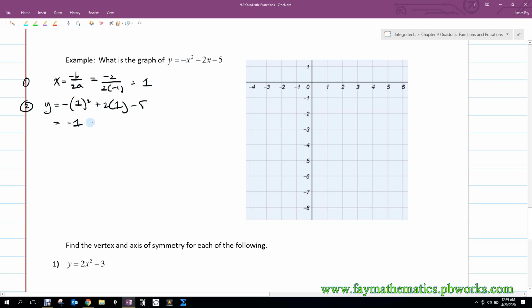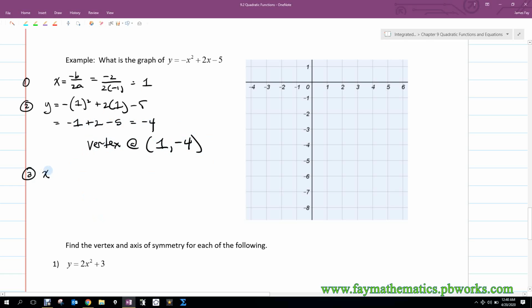So this is negative 1, that's 2, and negative 5, so negative 1 plus 2 is 1 minus 5 is negative 4. So your vertex is at x being 1, y being negative 4.